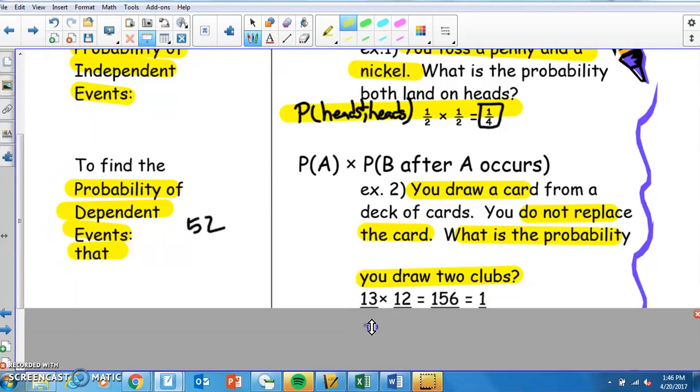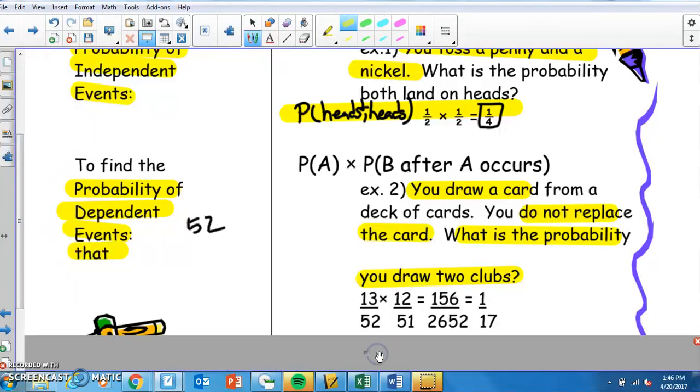So our first probability is 13 over 52. Now, how did I get 13? Because a deck of cards is made up of 4 suits. You have clubs, spades, hearts, and diamonds.